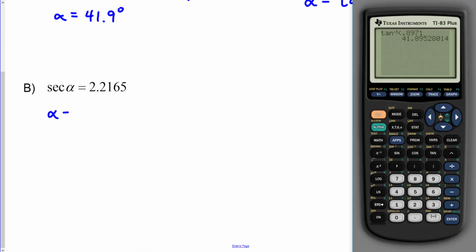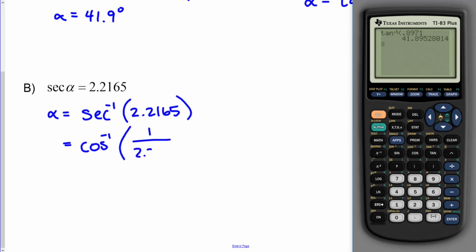So that means alpha is the arcsecant of 2.2165. It's probably a good idea to just write it as arc cosine of 1 over this value. So if I do arc cosine of 1 divided by 2.2165, I get 63.2 degrees.